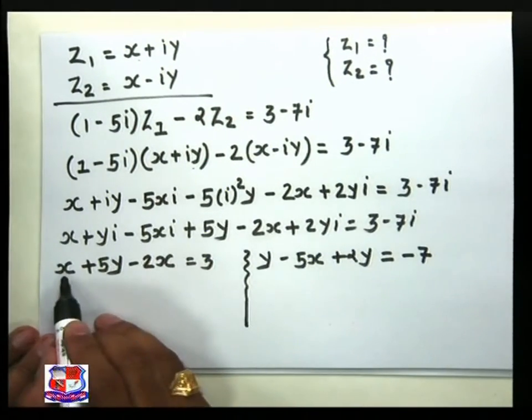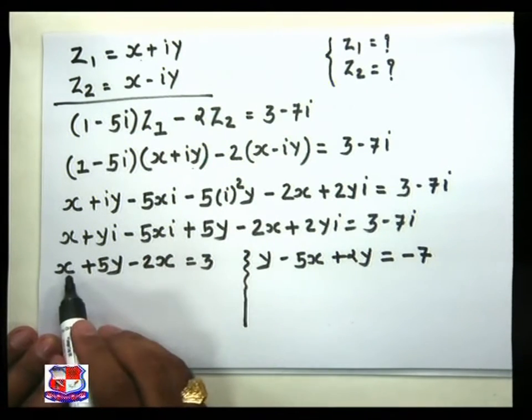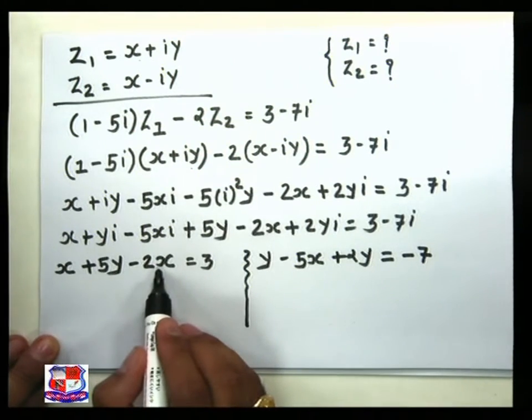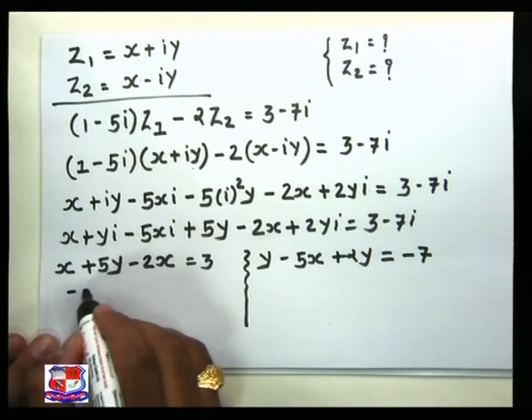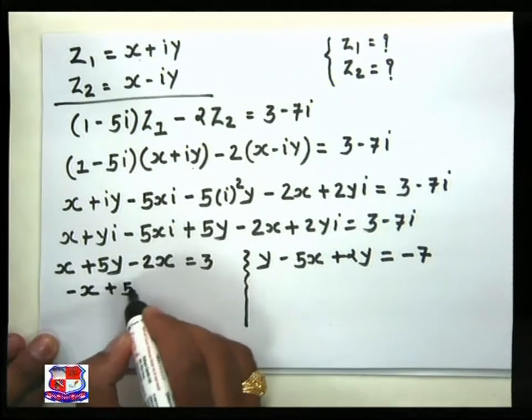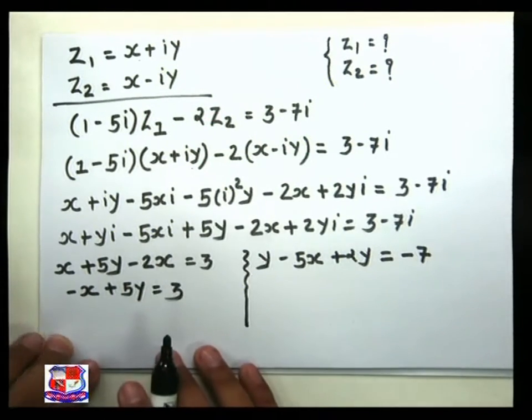So here x plus 5y minus 2x, so x minus 2x is nothing but minus x, plus 5y, equal to 3.